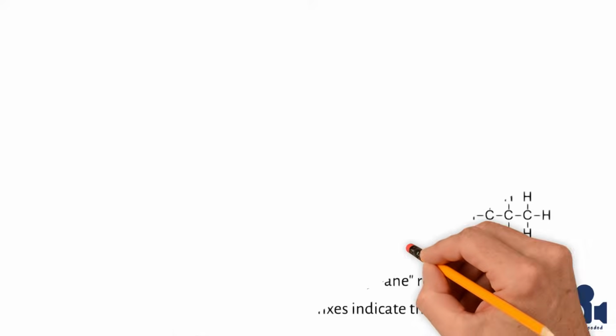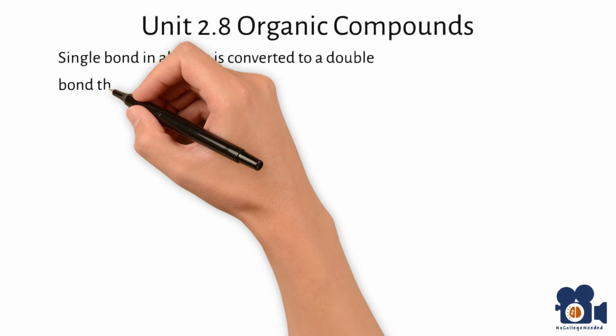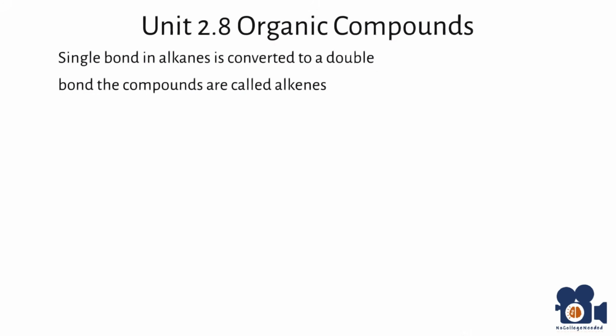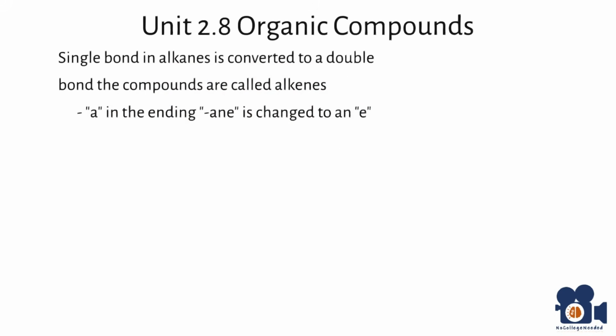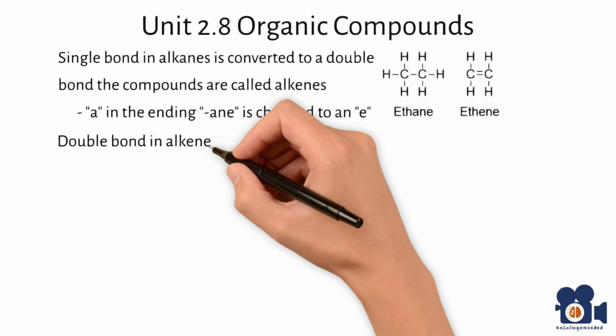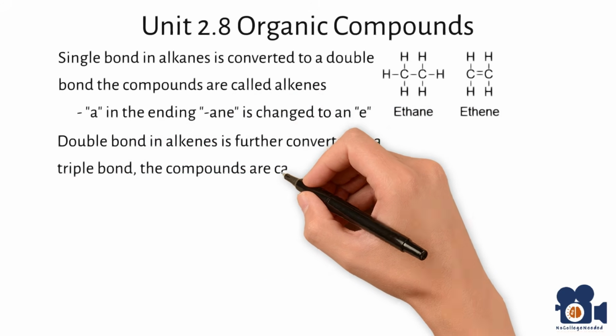When a single bond in an alkane is converted to a double bond, the compounds are called alkenes. In the naming of alkenes, the A in the ending ane is changed to an E, but the rest of the name remains the same. Similarly, if the double bond in the alkenes is further converted to a triple bond, the compounds are called alkynes.